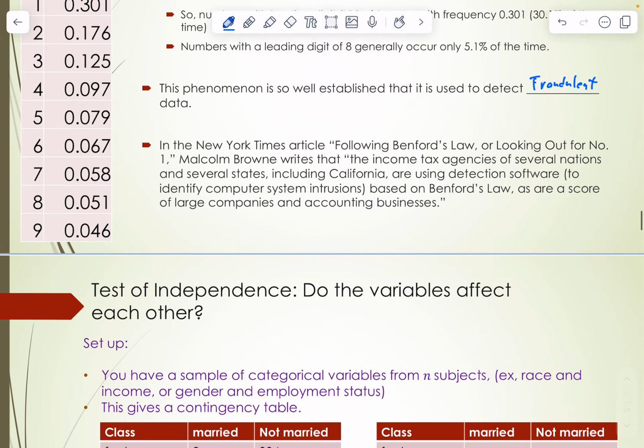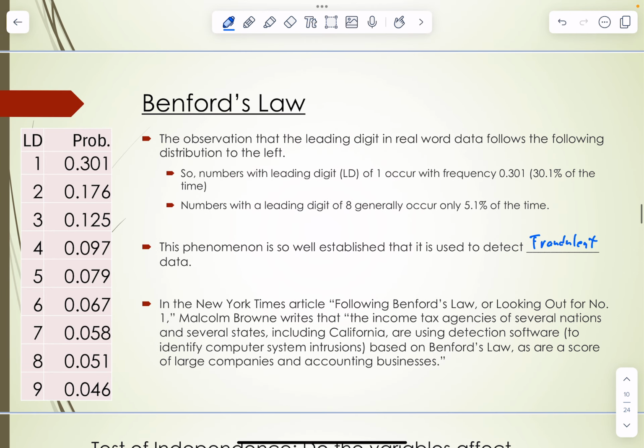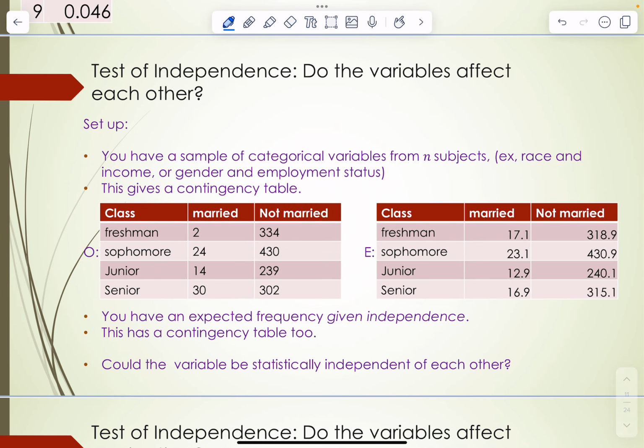So Benford's law is out there. People are using it. We're going to do a Benford's law example at the end of this slide deck. But before that, I want to introduce another hypothesis test.